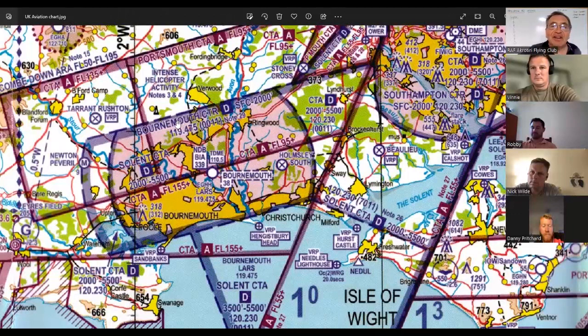Well, if you have a look, can you see it says here that lower airspace radar service is on 119.475. You've got the Class D control zone controlled by Bournemouth Control, 119.475.